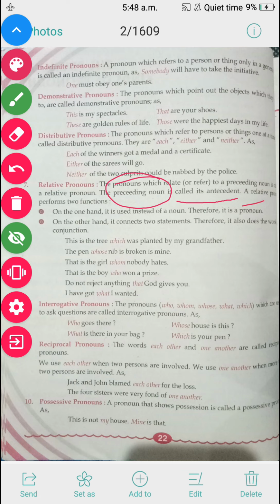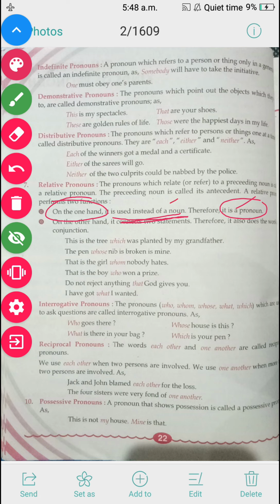A relative pronoun performs two functions. Just see how it works. On the one hand, it is used instead of a noun, so this is a pronoun, because a word which is used in place of a noun is called a pronoun. That's why this is a pronoun.